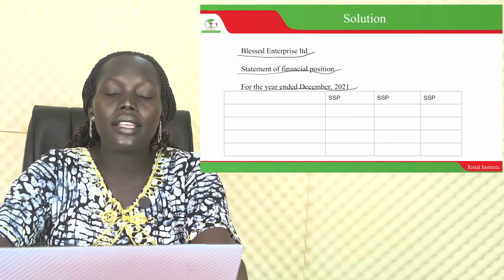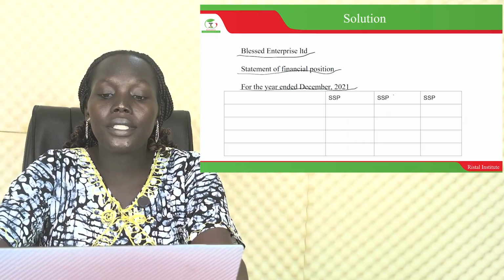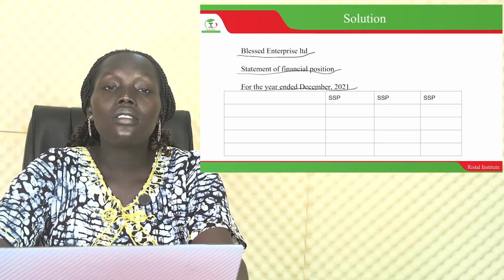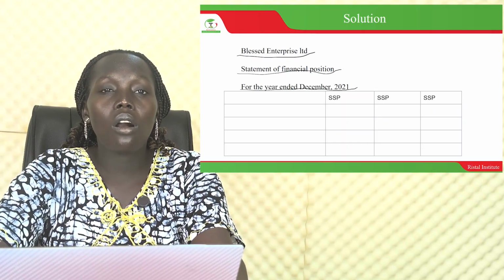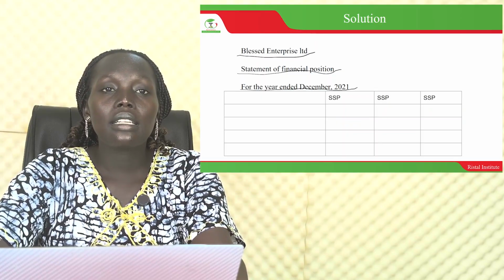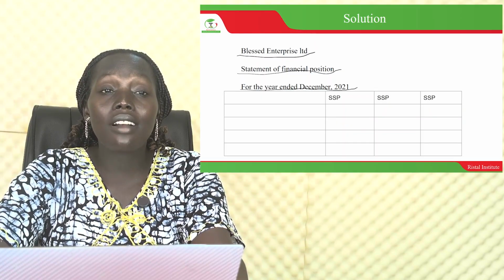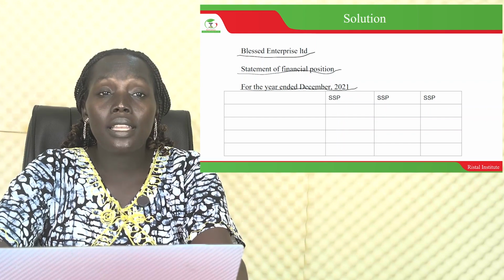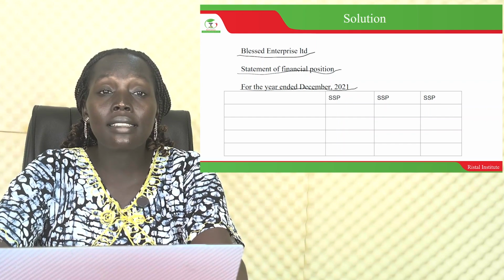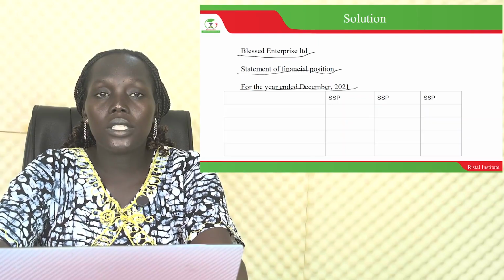We have our SSP sign. So what do we do? In getting the balance sheet, we say that we have total assets minus liabilities plus shareholders' equity.